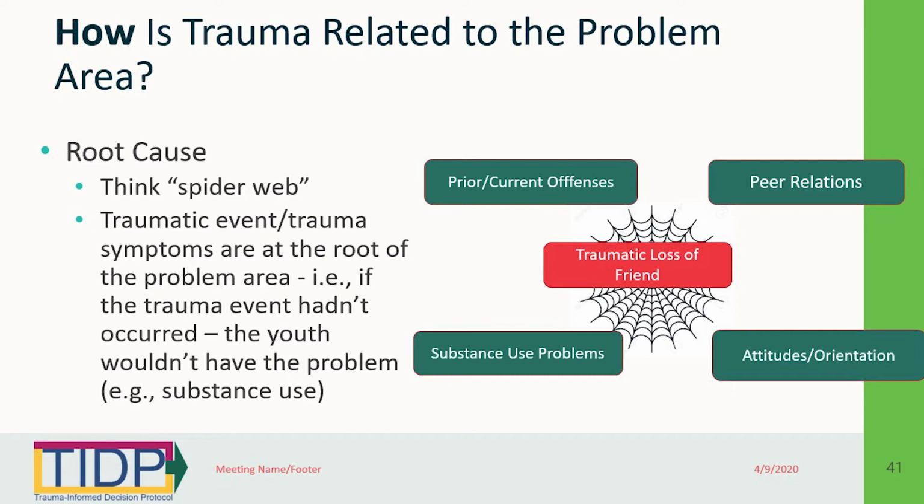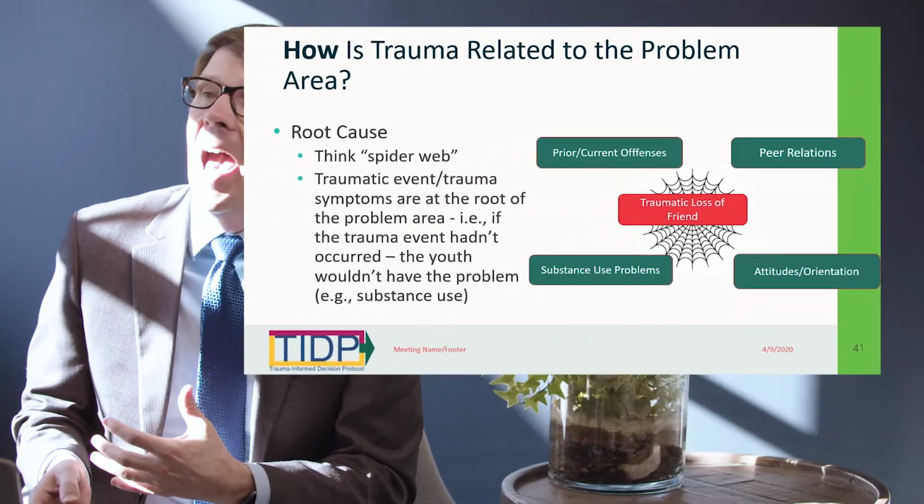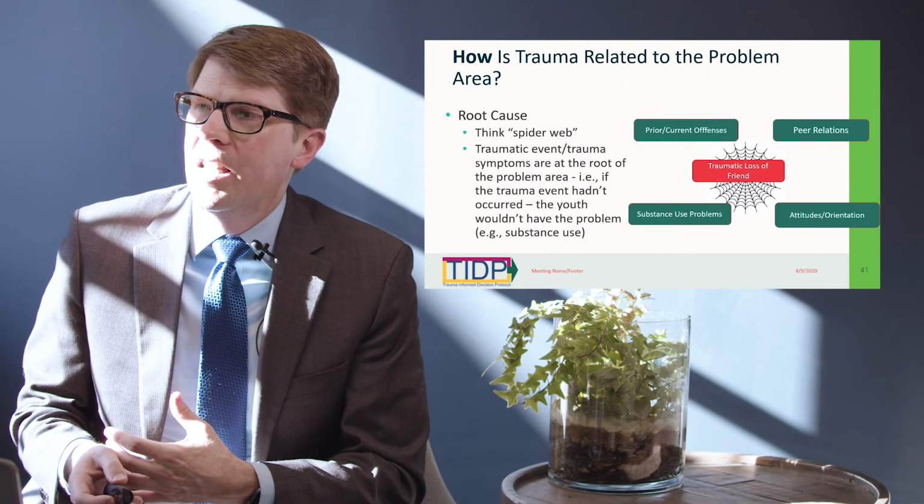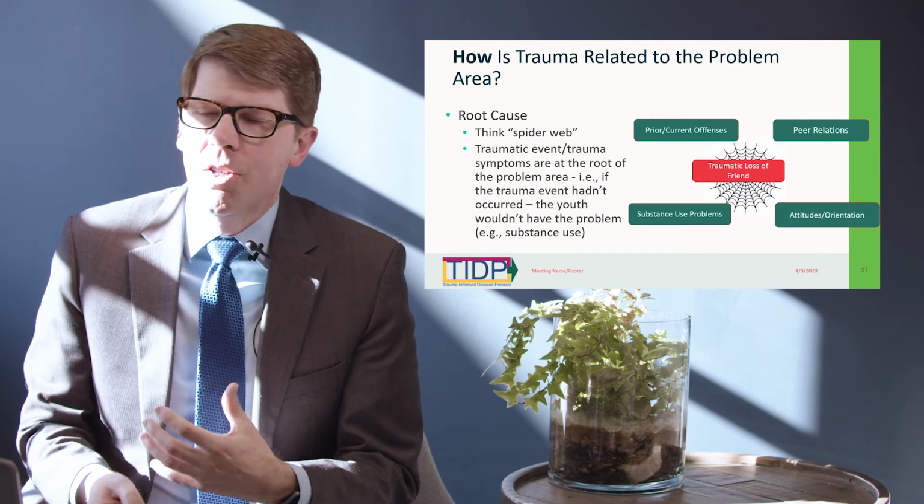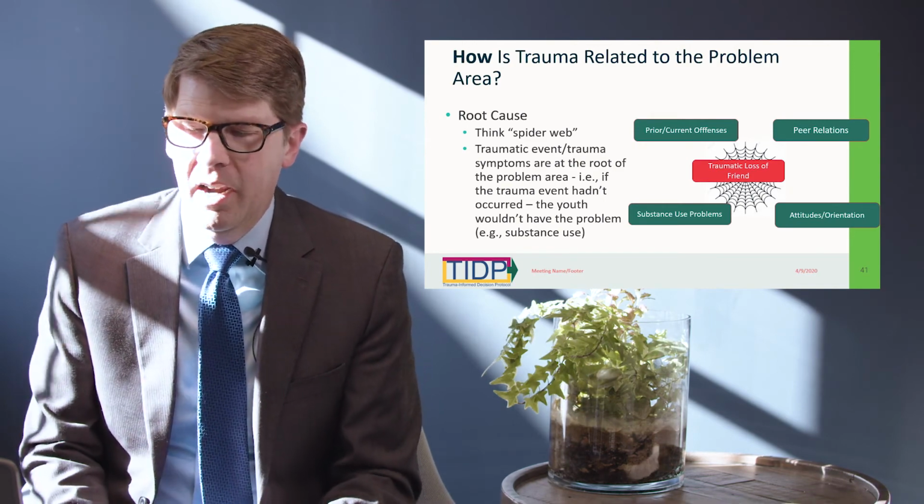And it's also impacted their general outlook on life, such that they are disavowing and denying the need for any type of help or assistance, which might explain an elevation on the attitudes and orientation domain as well. So all of these are different ways for you to kind of conceptualize that impact, and to help you to be really thinking about how these associations might be occurring.